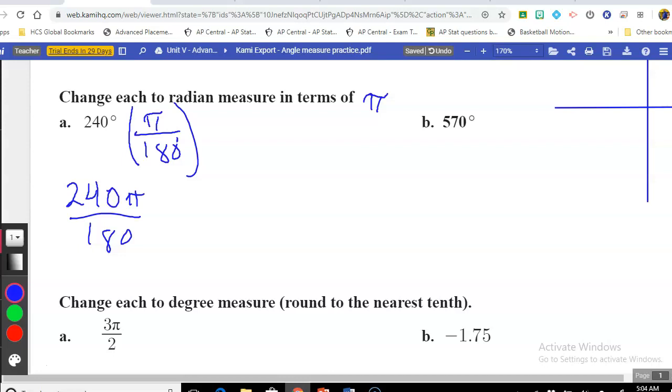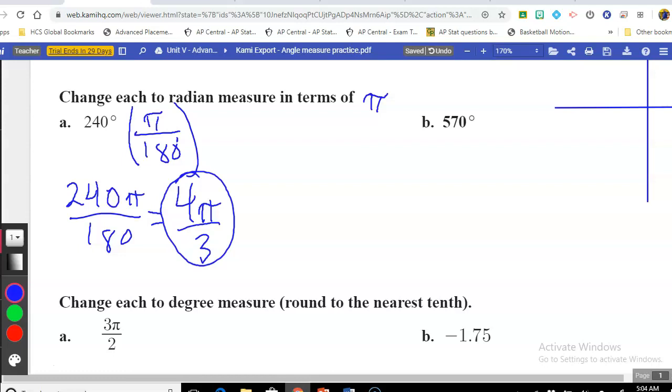I believe 60 goes into both of those, so we get our final answer as 4 pi over 3 radians. That is our measurement in radian form.